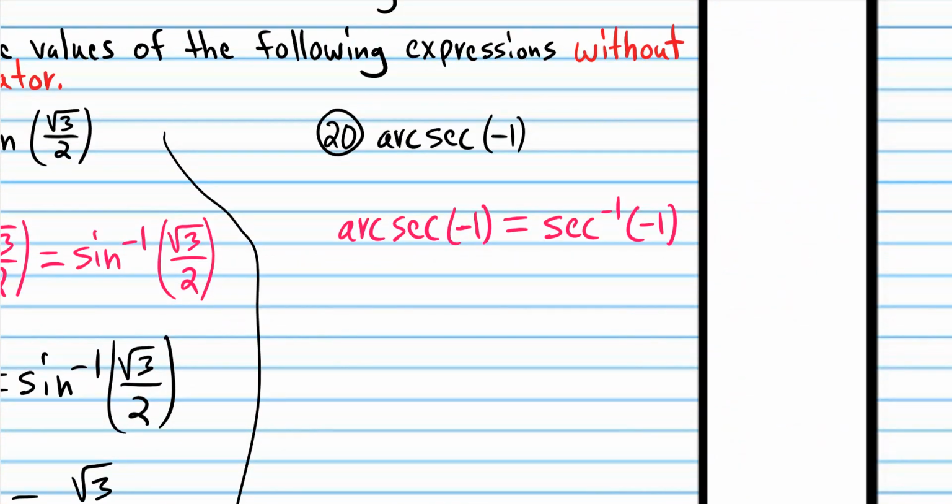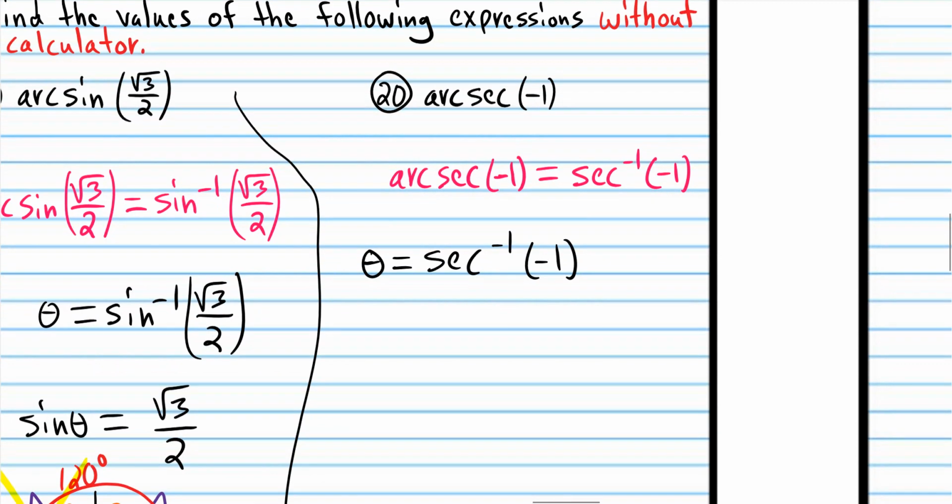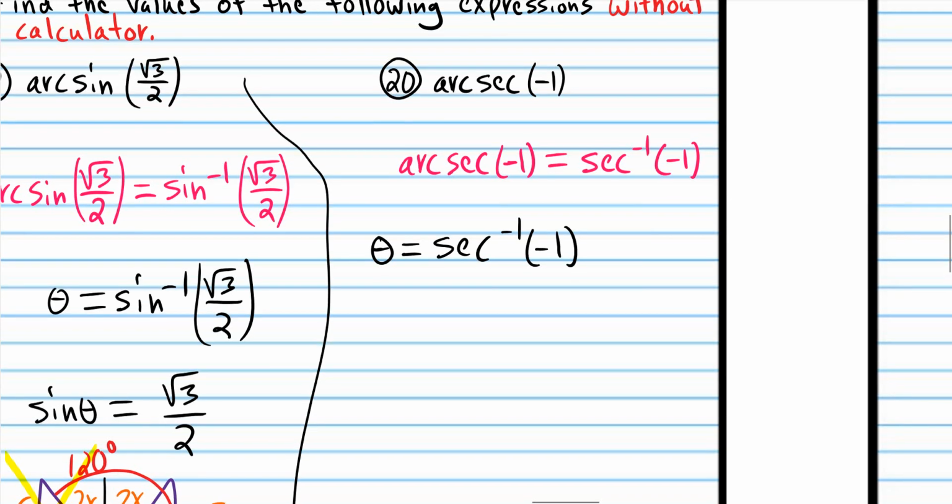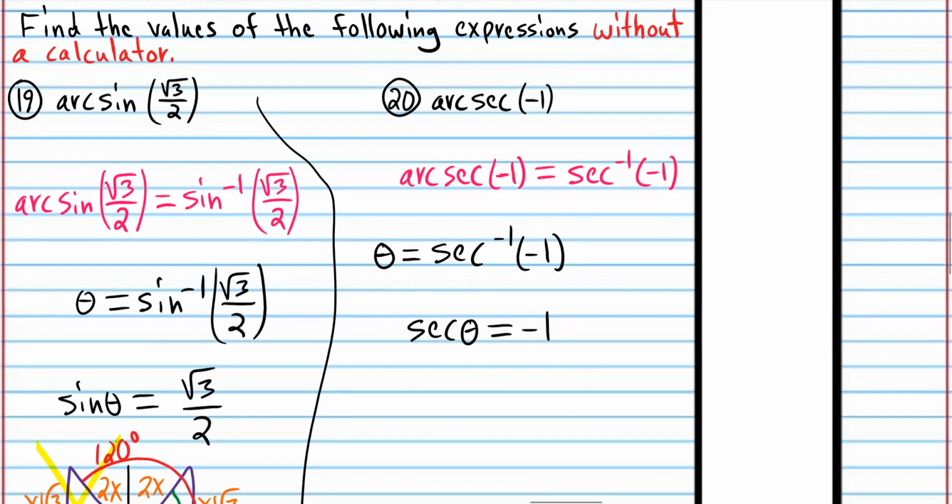And so we're going to change the form. We're going to create an equation by setting the expression equal to theta. And if that's true, if theta is really equal to secant inverse -1, then by definition secant theta is equal to -1, and we can look at our graphs.